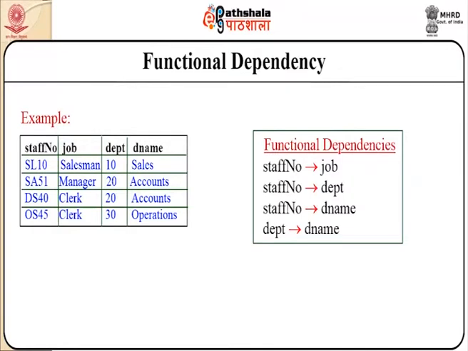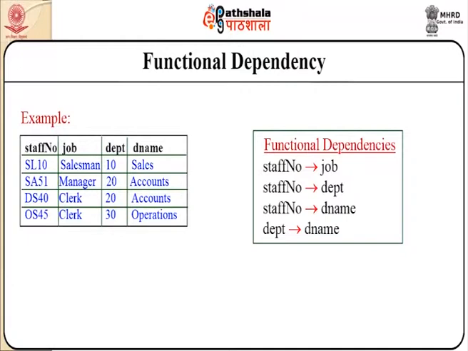But then we could surprisingly see a particular relation between department and department name. Every department name is not purely functionally dependent on staff number. Instead, every department name is dependent on department only.